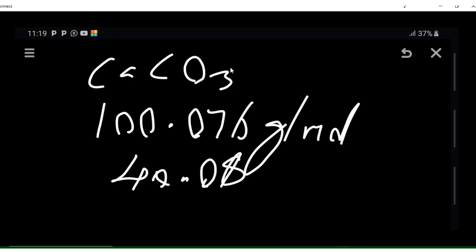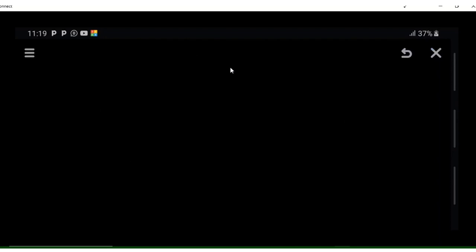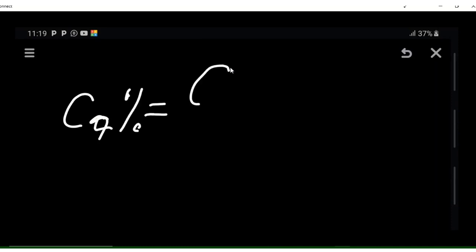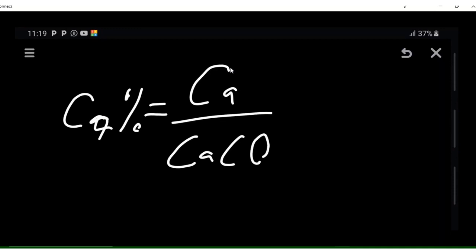So the percentage of calcium is equal to the molar mass of calcium over the molar mass of calcium carbonate, multiplied by 100%.